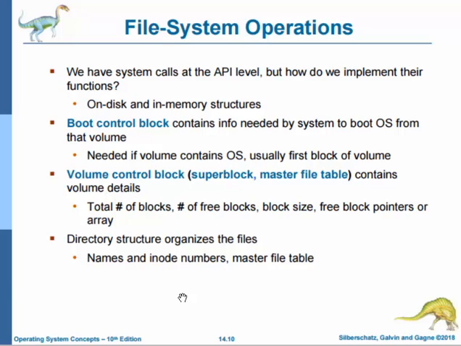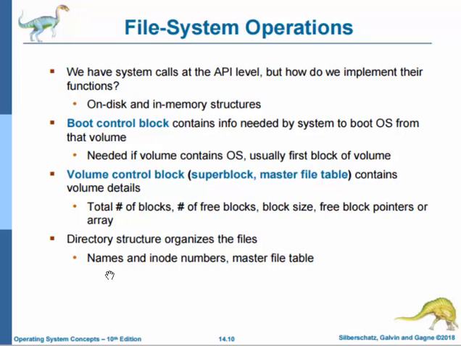It contains the volume details such as the number of blocks in the volume, the size of the block, a free block count, free block pointers, as well as free FCB pointers. In Unix file systems, this is called a superblock, while in NTFS, it's stored in the master file table.